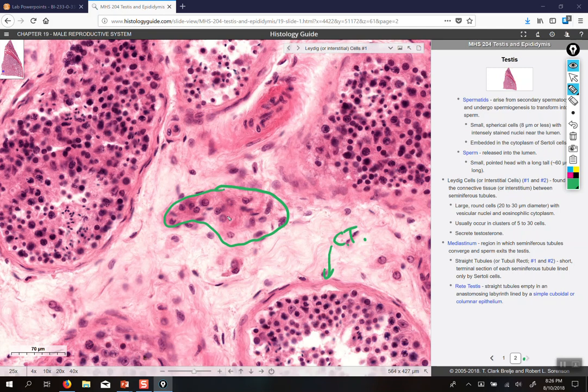If it's a clump of cells outside of the connective tissue capsule, then they are likely Leydig cells. They're large and round, and they have eosinophilic cytoplasm. Remember, eosinophils from blood cells are the pinkish red ones, and you can see that these are indeed very pinkish red cytoplasmically. So that's your clue. If you see something that looks like this but it's purple, probably not Leydig cells, but these are a good candidate.